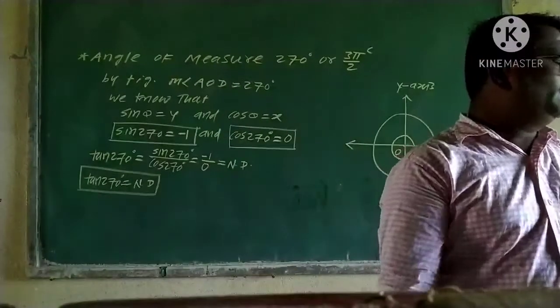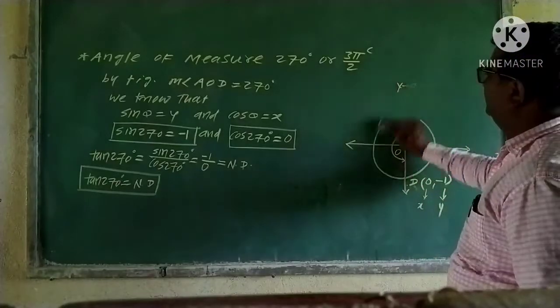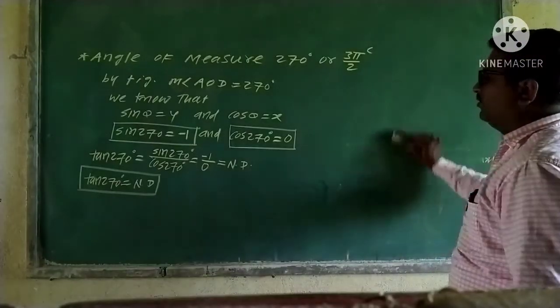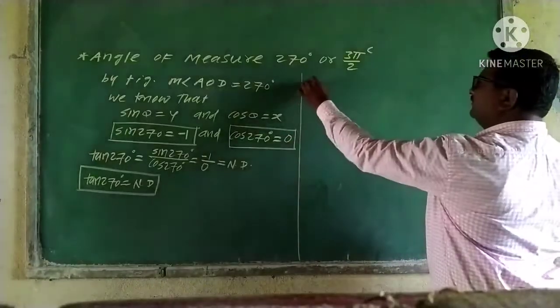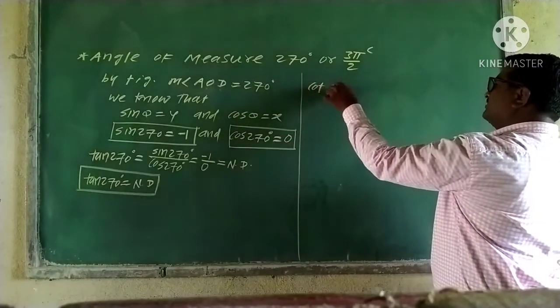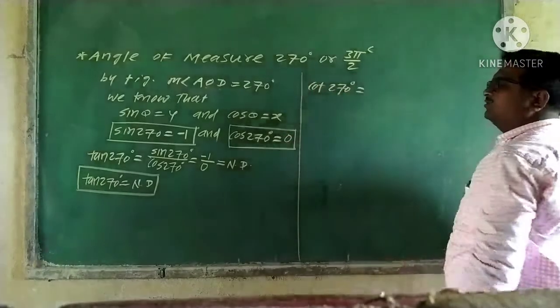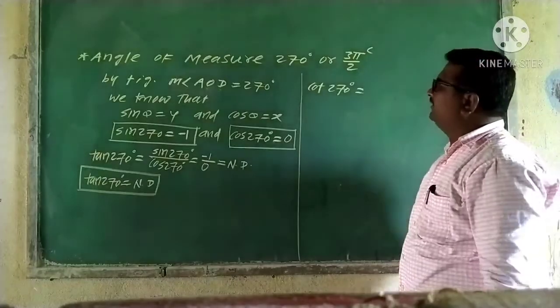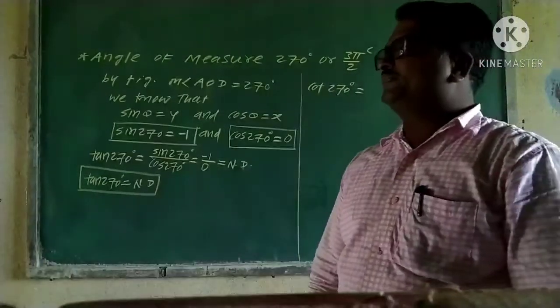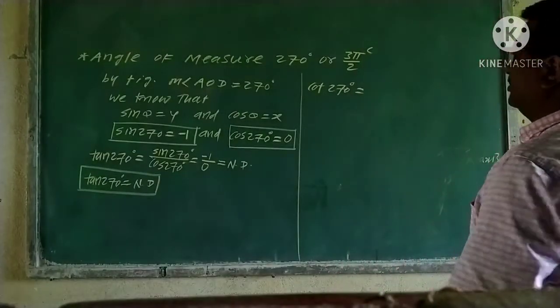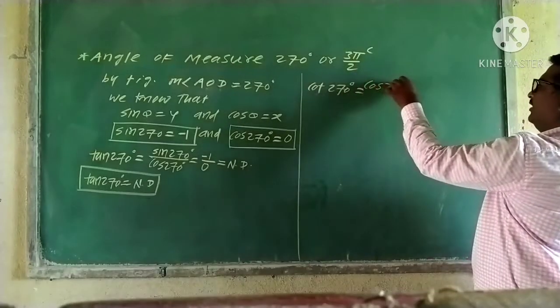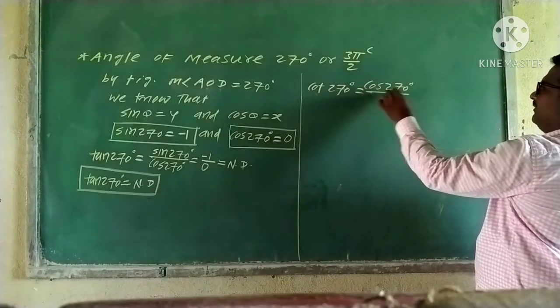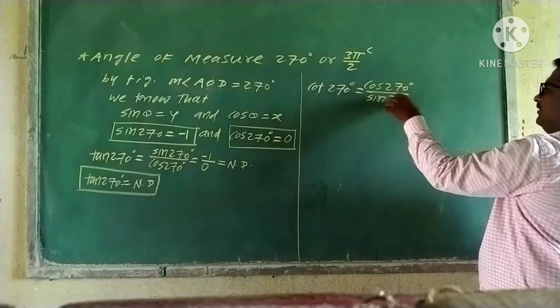Similarly, we can find the other values of trigonometric functions. Cot of 270 degree: we know that cot of theta equals cos of theta divided by sin of theta. So cot of 270 degree equals cos of 270 degree divided by sin of 270 degree.